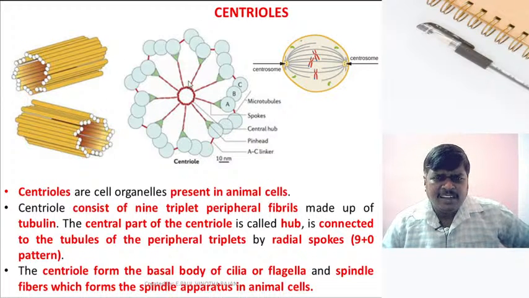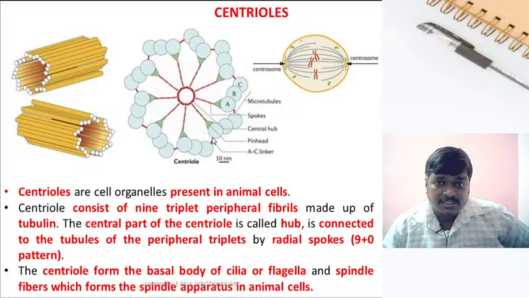The center part, this is called the hub. These are all tubules. The tubules are connected to the linker. This is called the A-C linker, and with that you can see the pinhead. This is the A-C linker which links all the 9 peripheral fibers.